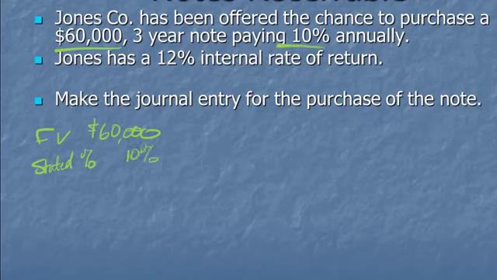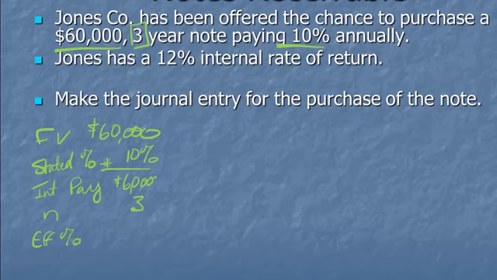Now that I've got the face value and the stated rate, I can get the interest payment. And I'm going to do that by just multiplying. So 60,000 times 10%, they're going to pay 6,000 each year. Next, I need my N, so the number of periods that this payment will be made, and that's 3. And finally, I want my effective rate, and that's 12%.